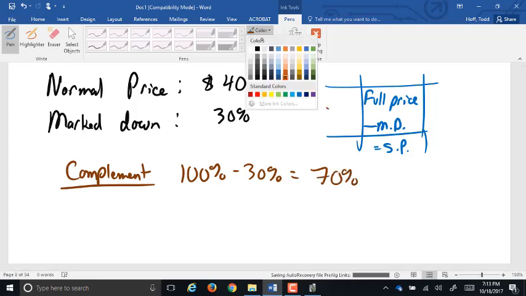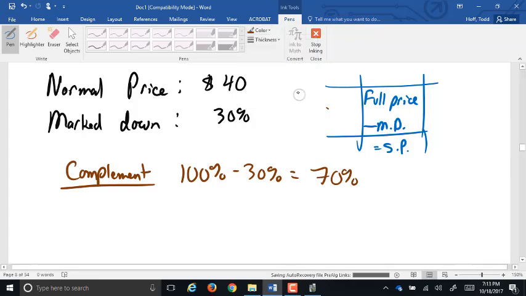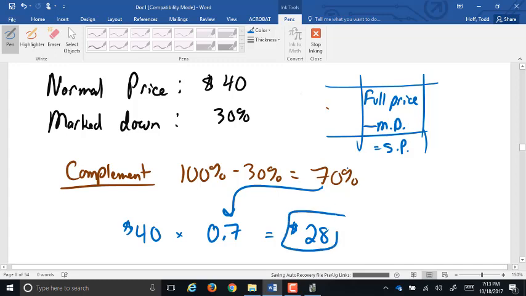Remember we did this for our net price ratio for the chain discounts? 70% as a decimal is 0.7. So we're just going to take our $40 times 0.7, get a new price of $28. Not so bad.